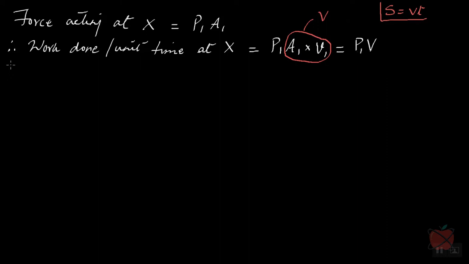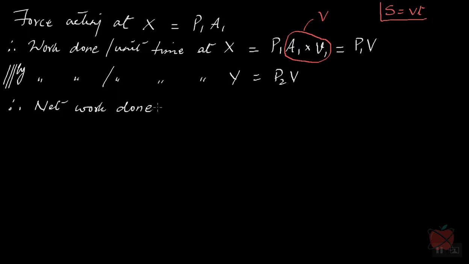So similarly work done per unit time at Y, this will be P2V. Got it? Now therefore change in work done, or you can say net work done, this is P1V minus P2V. Let's call this equation 3.